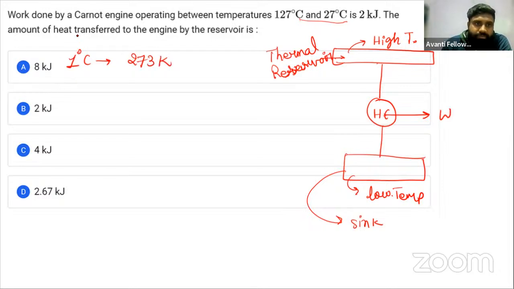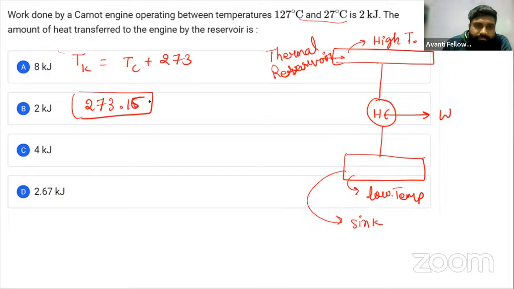Or simply I will write the relation here: T in Kelvin equals T in Celsius plus 273. If you want to be more precise, it is given by 273.15.